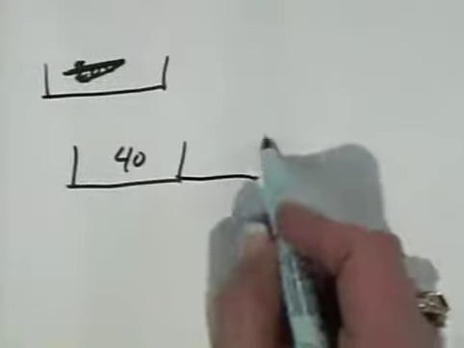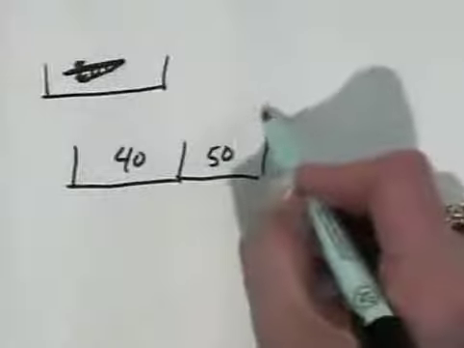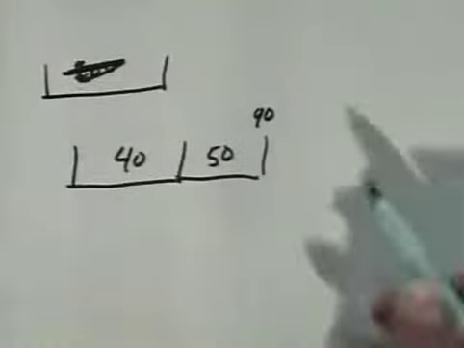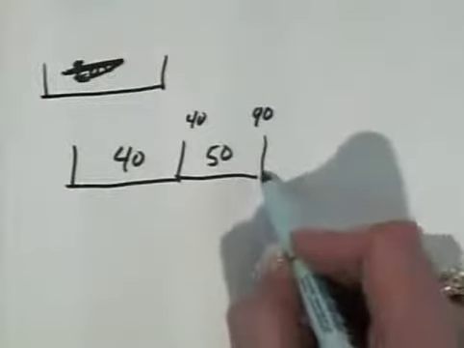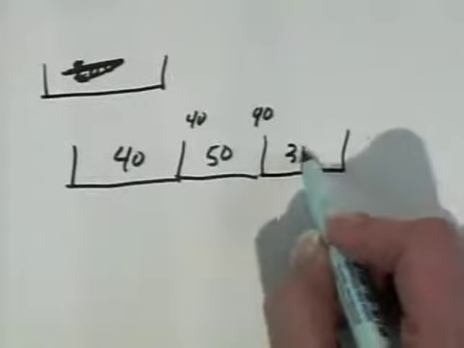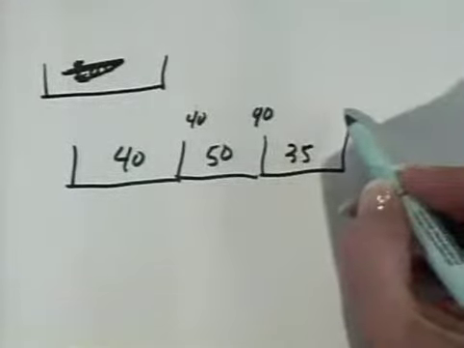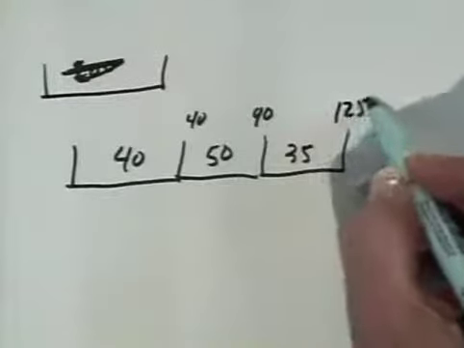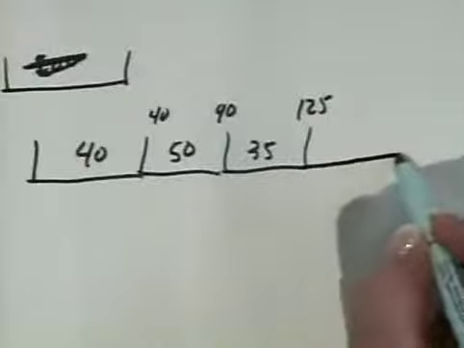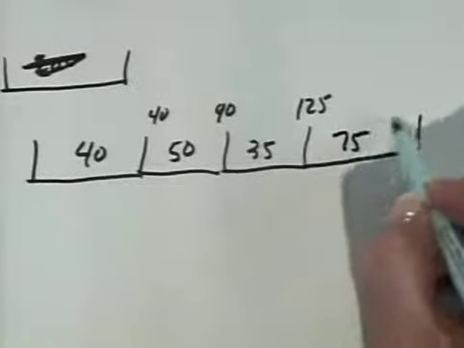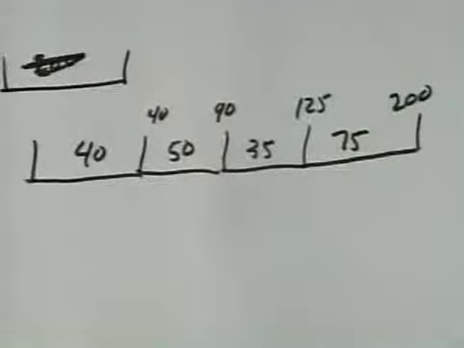Followed by that I bought 50 chairs. At that point, then, I had bought 90. Then, in my next purchase, I bought 35 chairs, so I had bought 125. And in my last purchase, I bought 75 chairs for a total of 200 chairs.